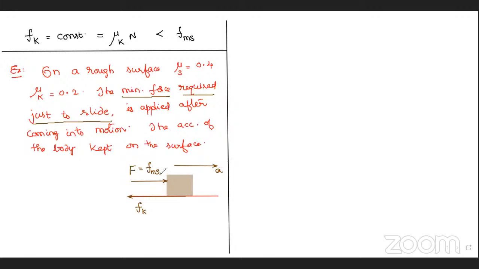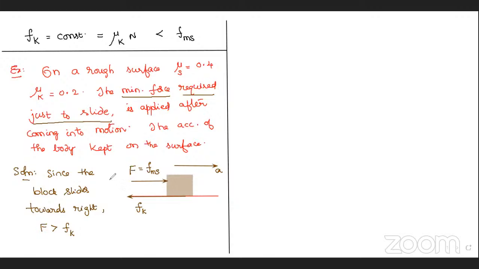To move towards the right, capital F is greater. So, since the block slides towards the right, F is greater than Fk.